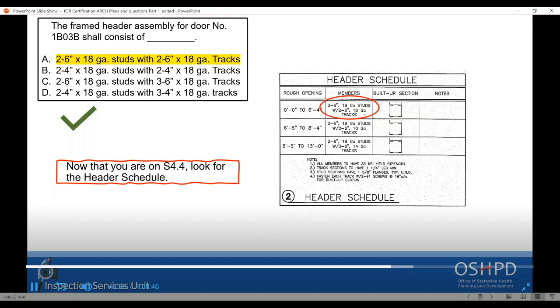Yeah, and also, let me throw something in there because it's important to note. We've gone to great lengths to make these plans as searchable as possible. We've tried to do the OCR and so on. But remember that not everything in the document will be searchable. We'll do our best to give you every opportunity to find answers in places that are searchable, but we can't guarantee that. So, as Monica said, it's important to familiarize yourself at the beginning of the exam with the different sheets, the index page, and so on.